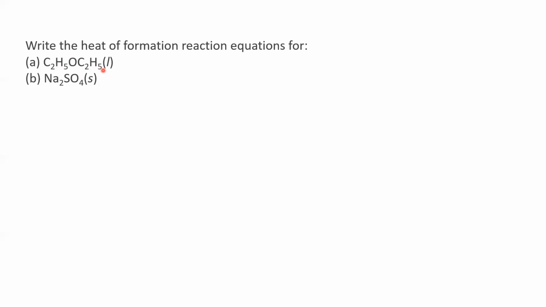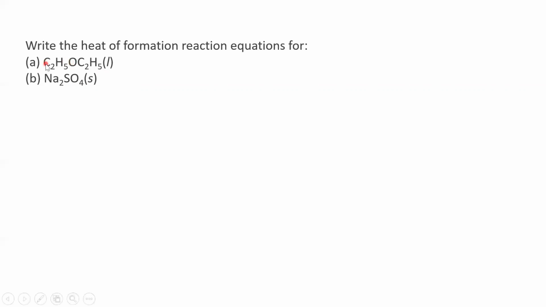So we have to think about what elements this compound is going to be formed from. Well, it's going to be formed from carbon, hydrogen, and oxygen. And we have to think about what carbon, hydrogen, and oxygen are in standard states.